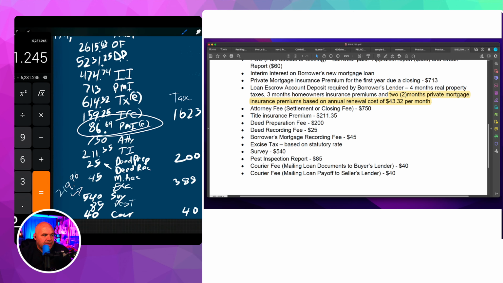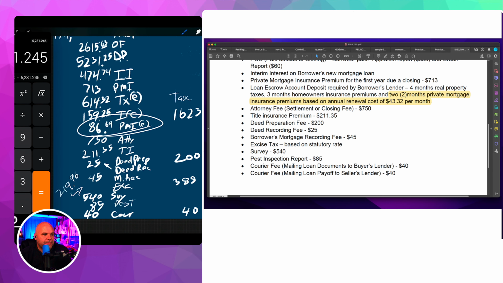The title insurance premium, that's benefiting the buyer's lender, therefore the buyer pays, so $211.35 on that debit column for the buyer. Deed prep is a seller expense, so that's going over here. Deed recording, the new deed is what we're talking about, so that's a buyer expense. It's going to go on their side.